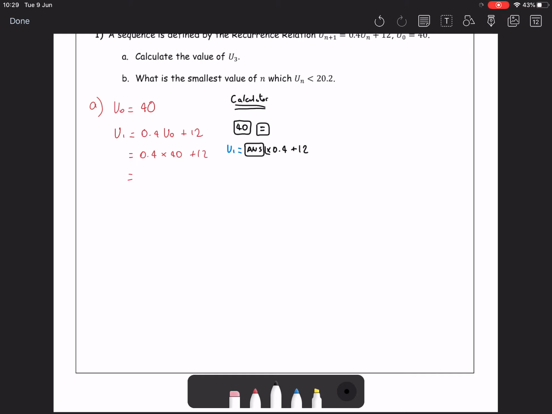I'll write those very tightly like that. It just shows the buttons that I've pressed. And I press equals, and I get a value of 28.